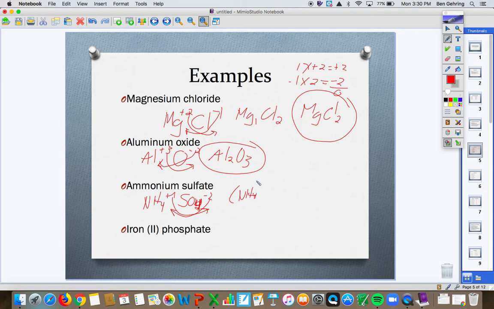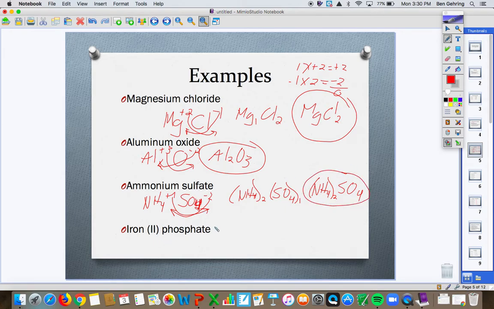So I have (NH4)2 and (SO4)1. Because I have a 1 here, I can change this. I need this 2 because I have 2 ammoniums, but then I can just write SO4 here like so. So this is going to be your ammonium sulfate.